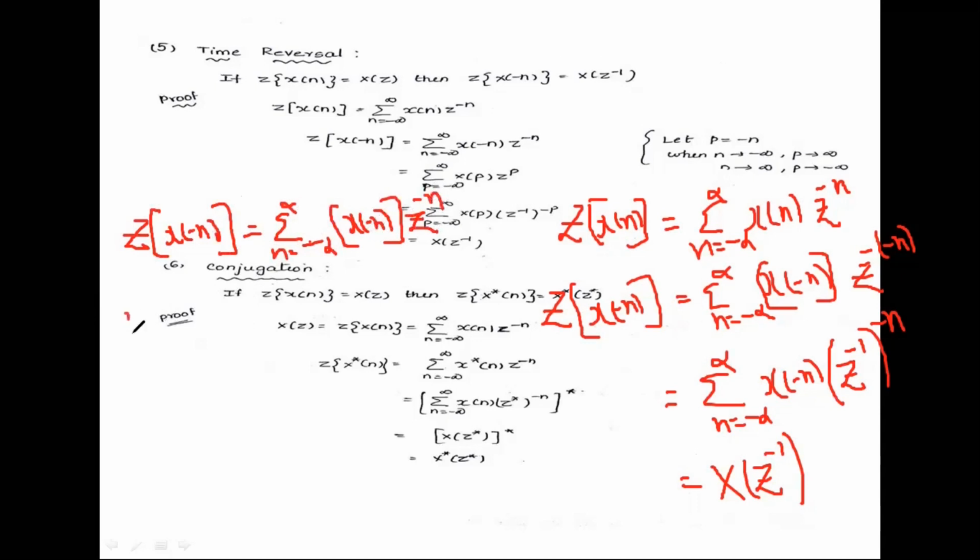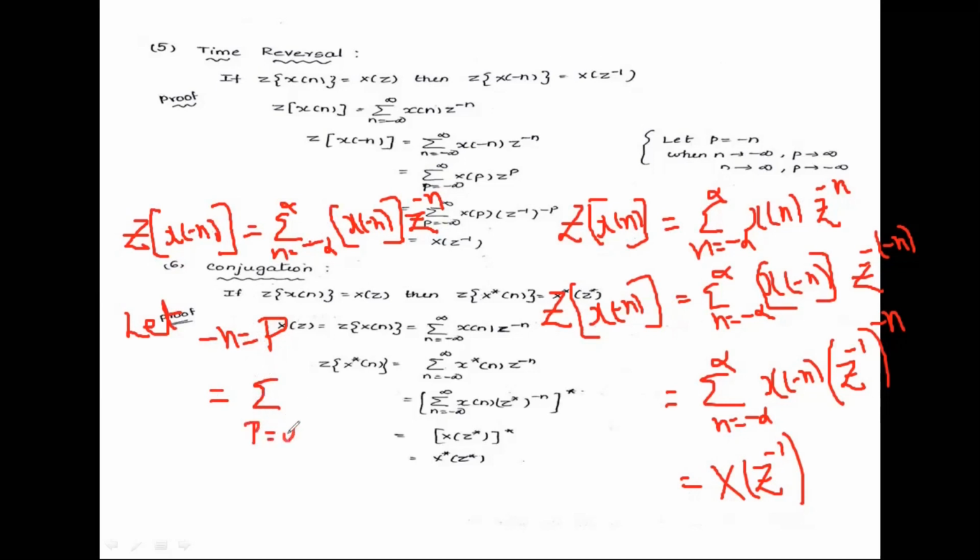Now, let's assume minus n is equal to p. That is equal to the sum of... Now, what is the value when n is equal to minus infinity? We are changing the values of n in terms of p.